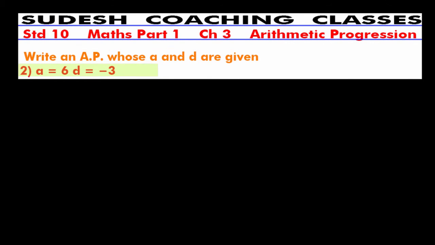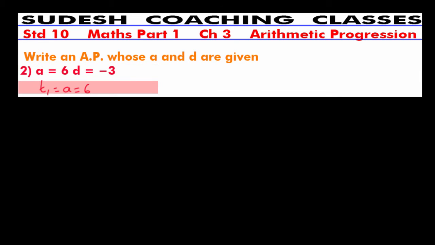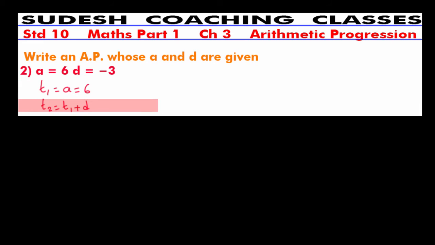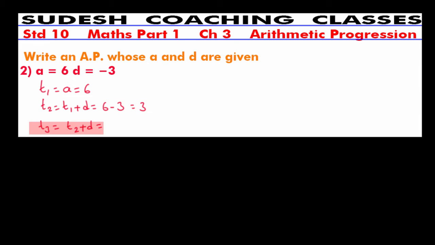A is 6 and D is minus 3. Okay? Let's find the AP. Our first term over here is A is equal to T1, which is equal to 6. What is T2 then? T2 is T1 plus D. Remember the formula, which is equal to 6 minus 3, which will give 3. T3 is equal to T2 plus D, which will give us 3 minus 3, which will give 0.